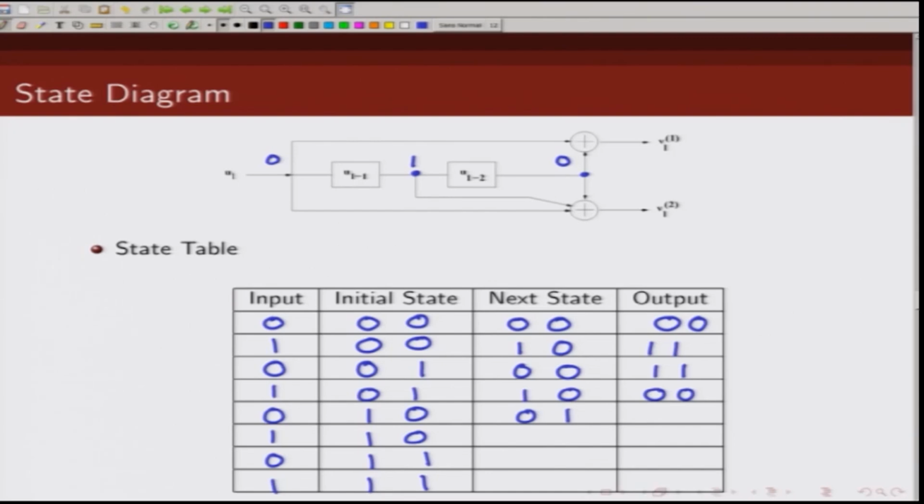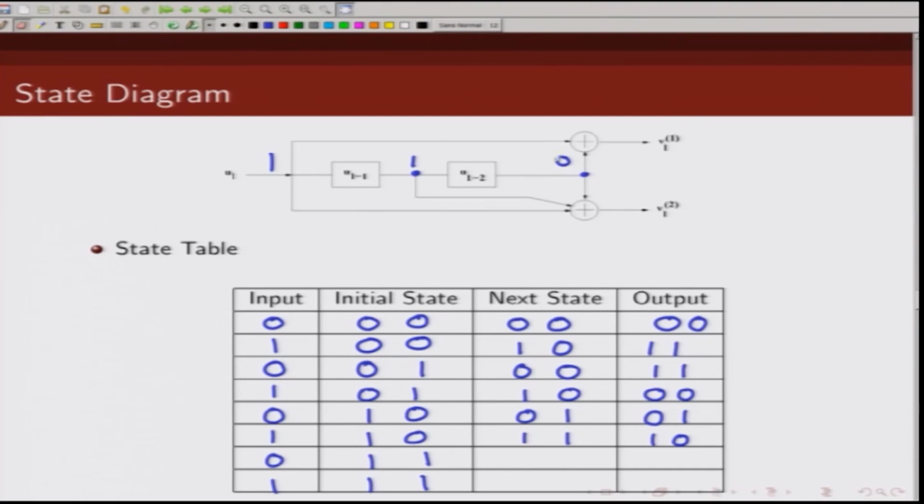If the input is 0, the output will be 0 plus 0 is 0, and 0 plus 1 plus 0 is 1. So, output is 0 1, and if the input is 1, then the next state would be 1 1, and the output will be 1 plus 0 is 1, and 1 plus 1 plus 0 is 0.